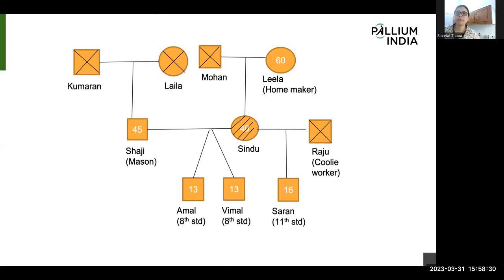Going back to the Sindhu's side and Shahji's side, you are having another graph put over there. Both father and mother of Shahji are no more, whereas in Sindhu's family, Leela, mother is 60 years old and Mohan has passed away. That's the father. Leela is a homemaker. That's it, just. Thank you. Thanks, Sheetal. Welcome.